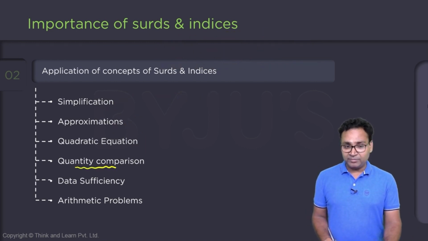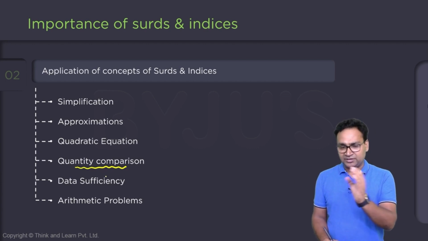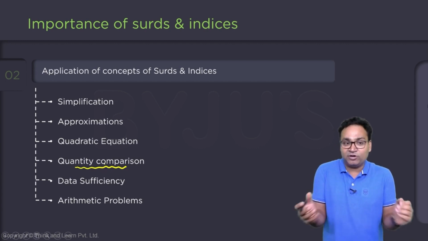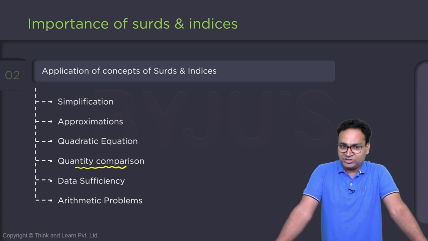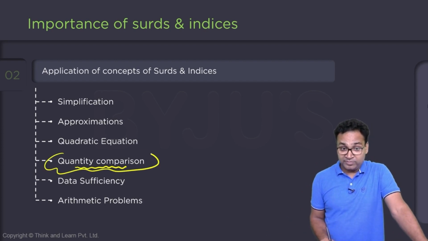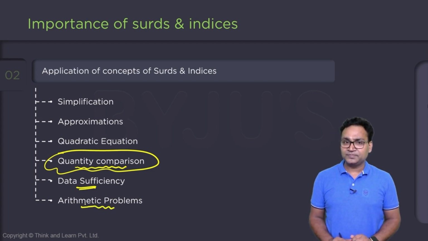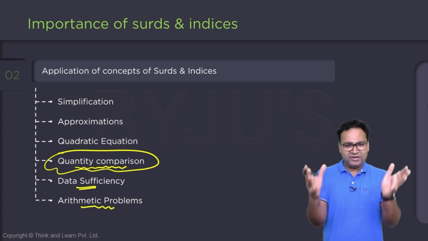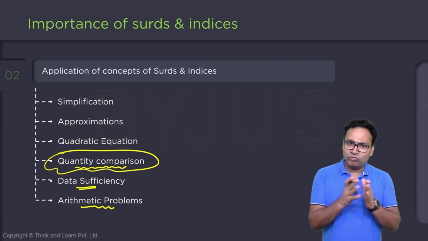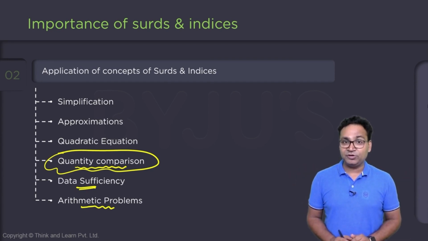In quantity comparison, which we will be covering separately, this is one style of asking arithmetic questions, right? The question can also be based on surds and indices. It is applicable in data sufficiency and in arithmetic problems. So it is applicable in various parts of quantitative aptitude as a subject.